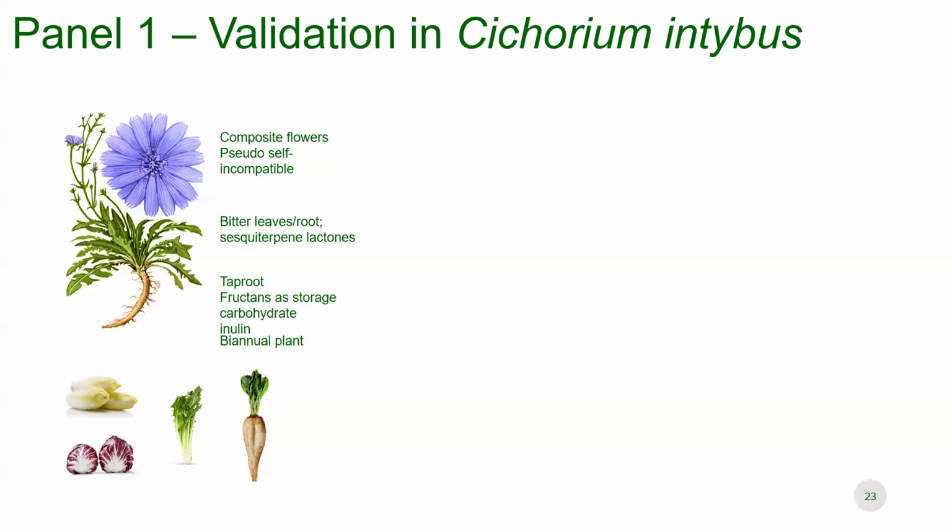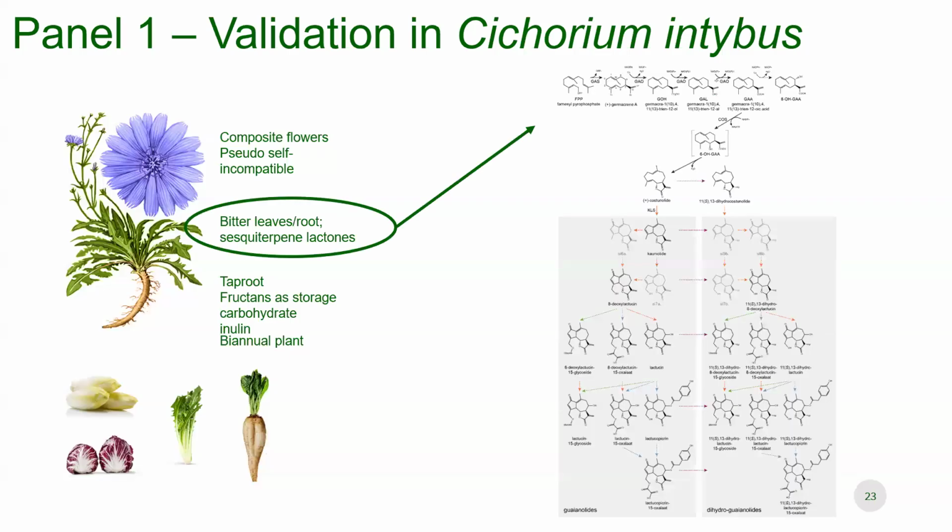Because now when you want to extract inulin, you need to do a lot of extraction processing to reduce the bitterness, which is a process that is not very eco-friendly. So if you could make chicory roots that are not bitter anymore, then the processing of inulin would be more efficient. So we try to reduce these sesquiterpene lactones.